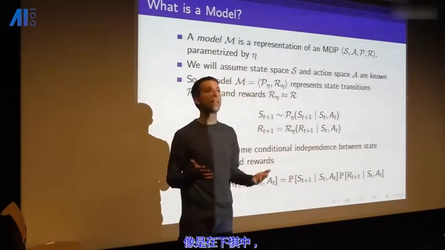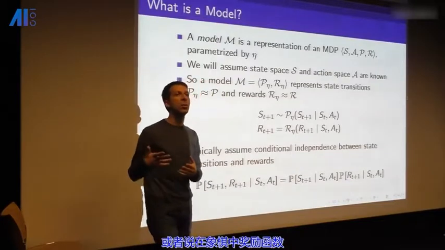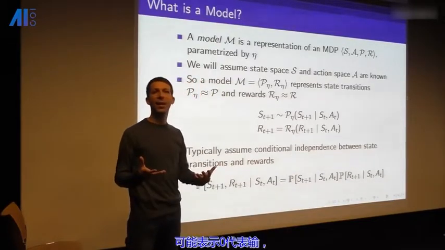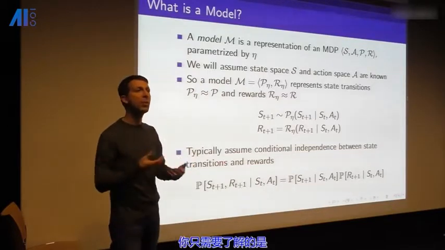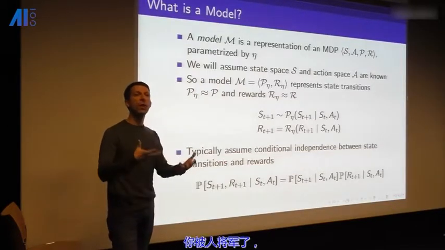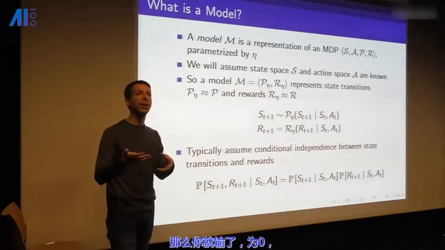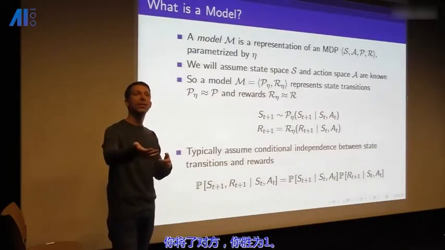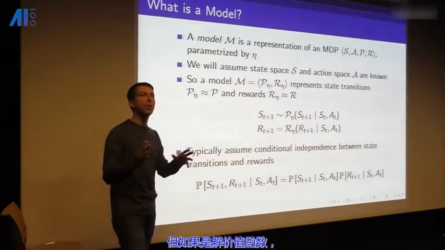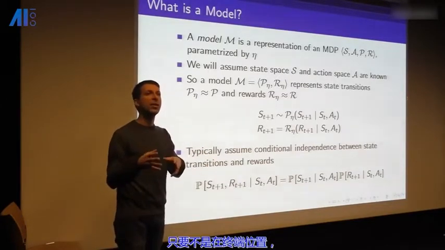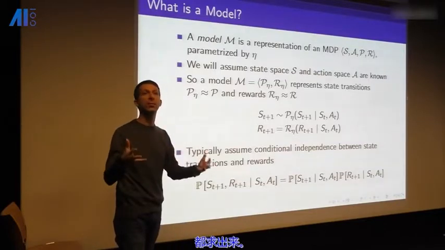Like in chess, what would it mean to learn the reward function? Well, the reward function in chess might be something like 0 for losing a game and 1 for winning a game. And now all you need to learn is that if you're in a checkmate position, that you lose, and if you've checkmated your opponent, then you win, and if it's a stalemate, then it's a draw, 0.5 reward. Whereas if you're learning a value function, you need to learn about all the states where it's not a terminal position.